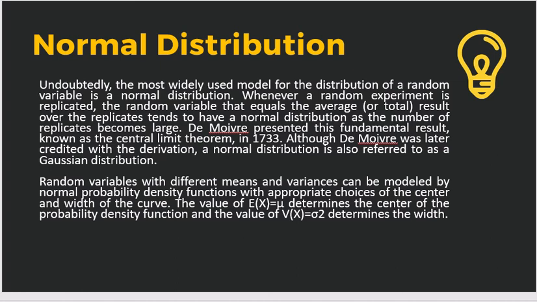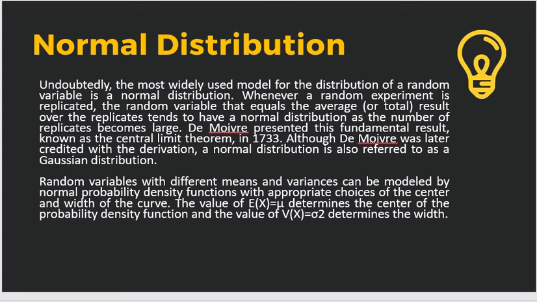As the number of replicates becomes large, De Moivre represented the fundamental result known as the central limit theorem in 1733. Although De Moivre was later credited with the derivation, a normal distribution is also referred to as a Gaussian distribution.